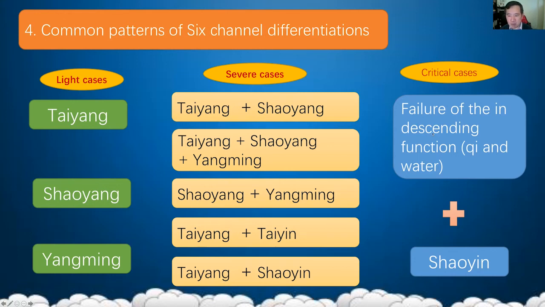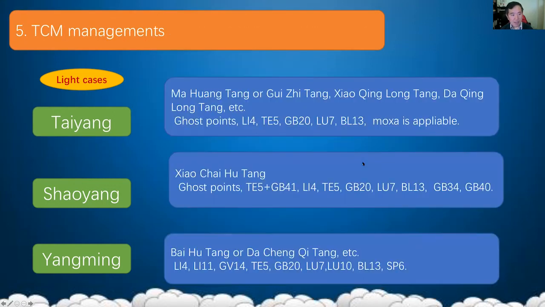And at this moment, the function of the lung is also damaged. So it's quite dangerous. Let's move on to have a look at how we can manage it successfully, to demonstrate why it is necessary to use 6-channel differentiation.